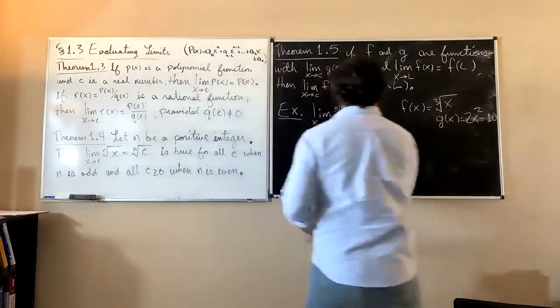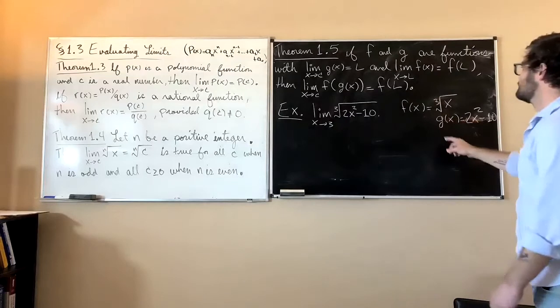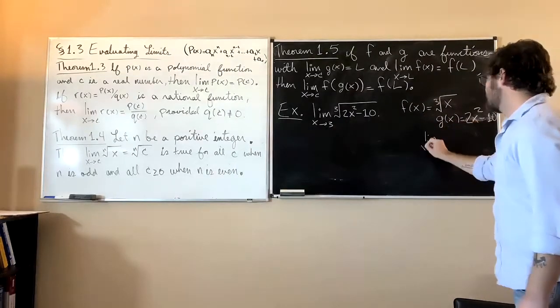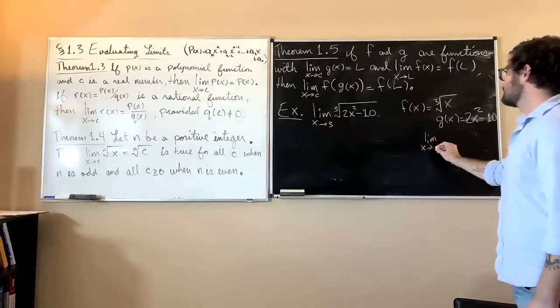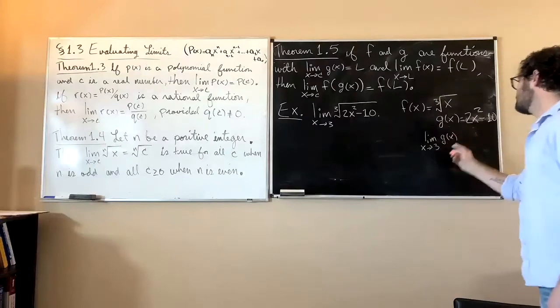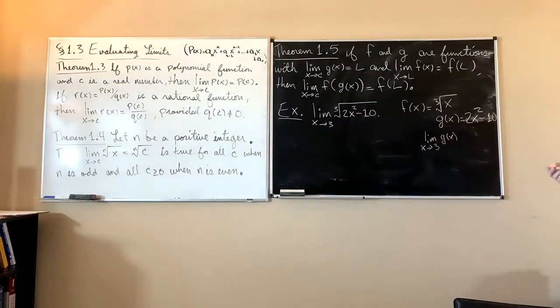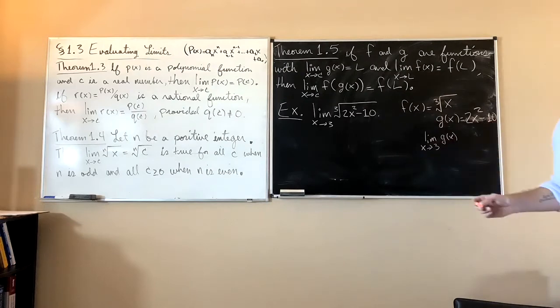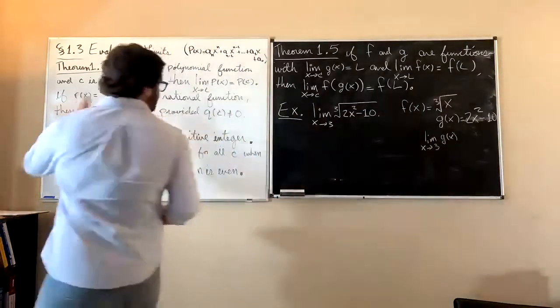So we see that the limit as x approaches 3 of g of x, well, g of x is just a polynomial, right? So we can just plug in 3 into that polynomial by theorem 1.3.